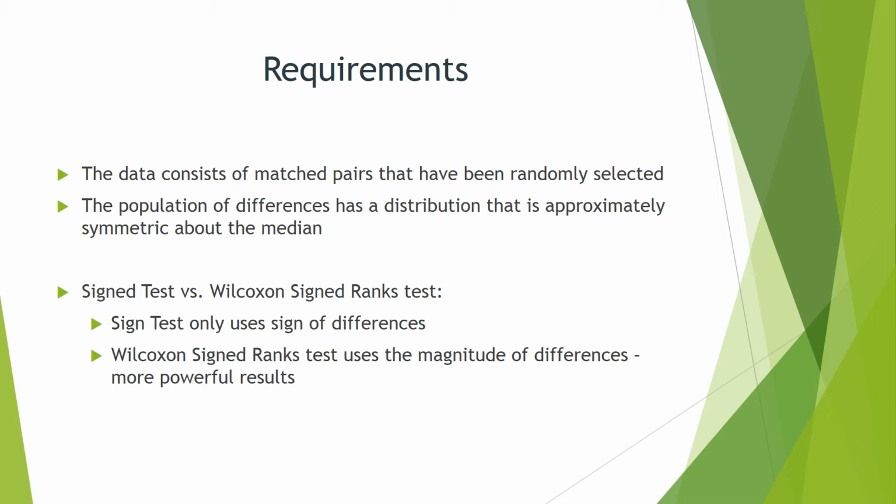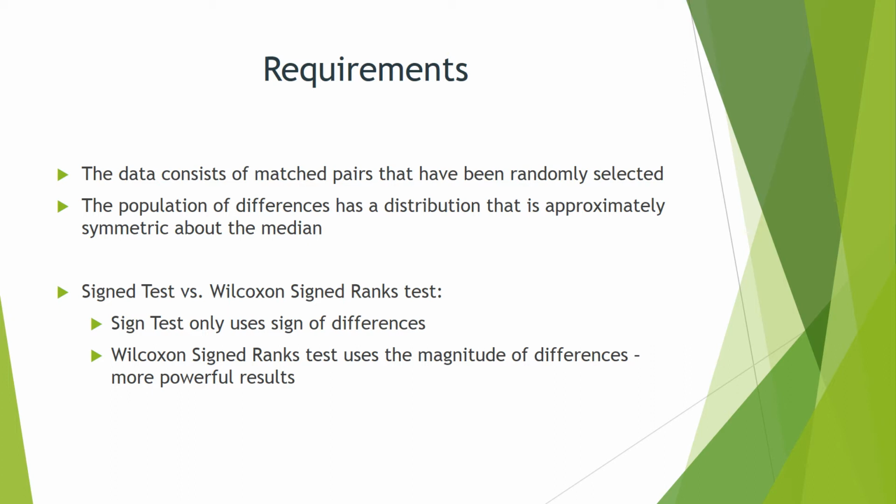The sign test only says that the difference was below 0, so it didn't distinguish between a difference of 1 or a difference of 20, whereas the Wilcoxon signed rank would consider the magnitude of that difference. A difference of 20 is more different than a difference of just 1.